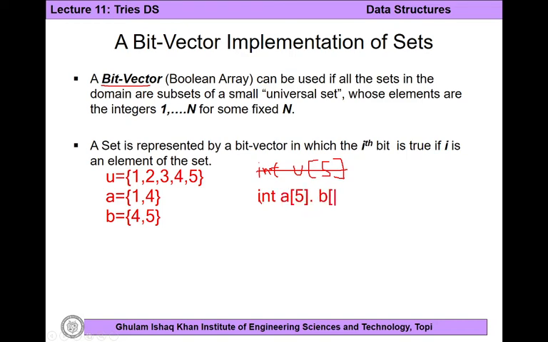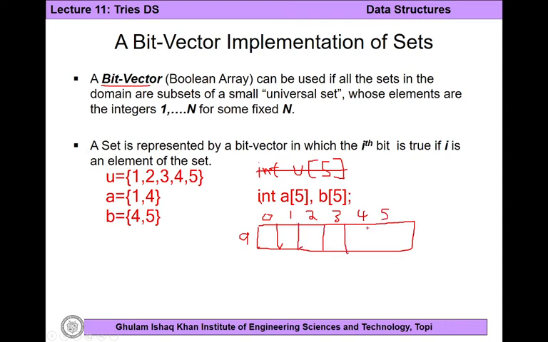We can declare another array named B of size 5 as well, right? Now in the array A, we will have 5 cells: cell 0, cell 1, cell 2, cell 3, cell 4, right?